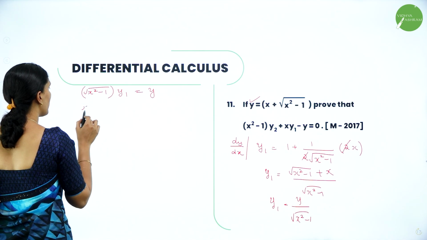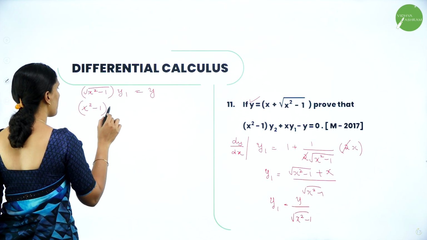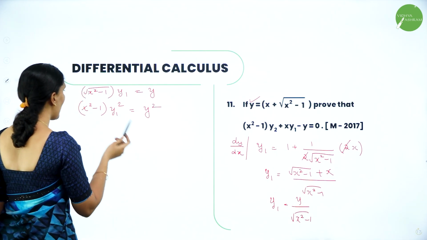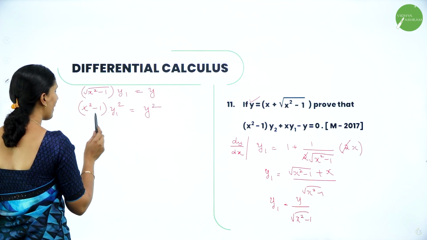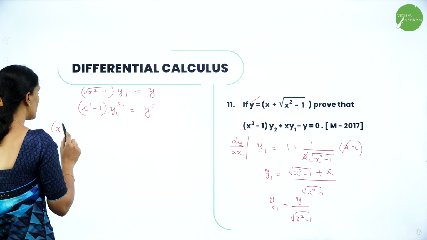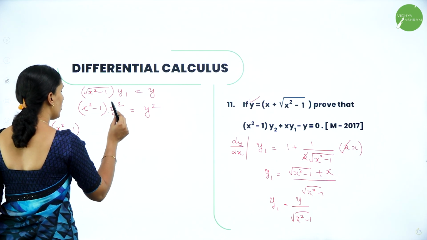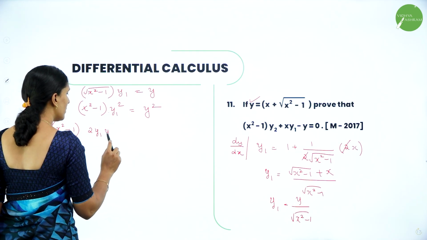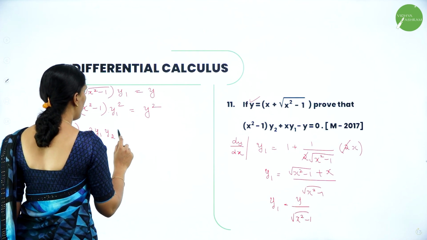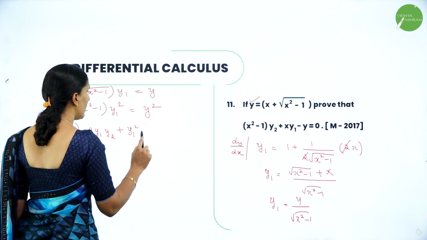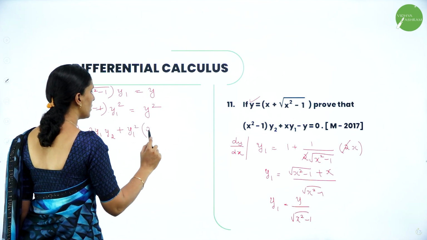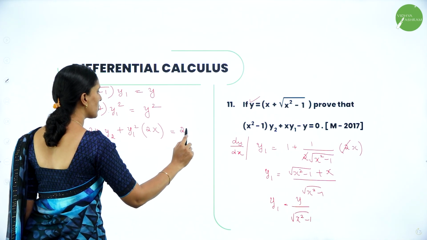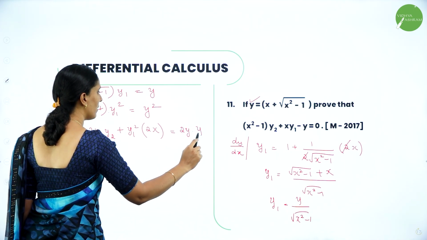Squaring on both sides, we will get (x square minus 1) y1 square is equal to y square. Let us differentiate this again. So two functions we have, apply the product rule. First function, derivative of y1 square is 2y1 y2, plus y1 square into the derivative of x square minus 1, which is 2x minus 0, which is 2x. And here derivative of y square is 2y, y will become y1.